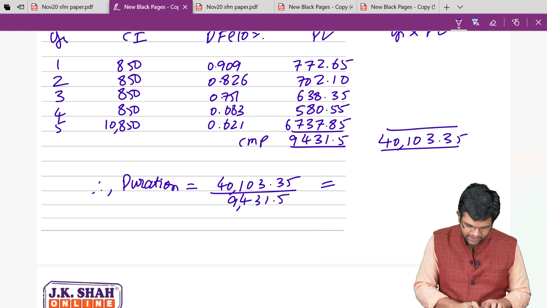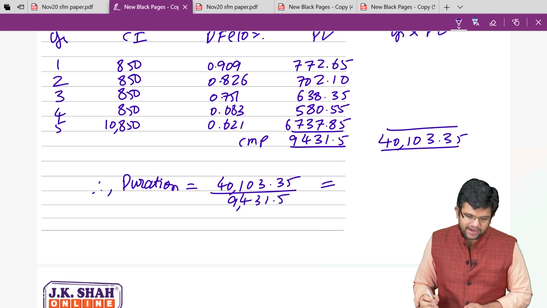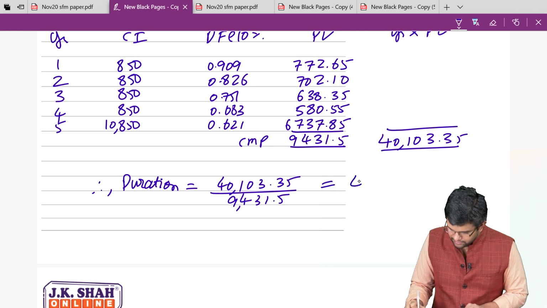If I divide by 9431.5, I get the duration as 4.25 years. I'll write down here 4.25 years.